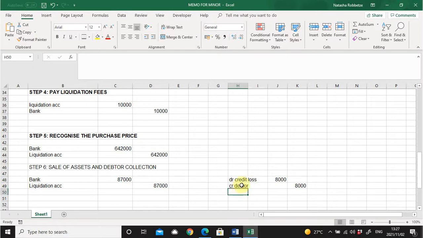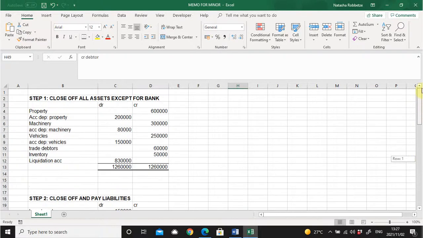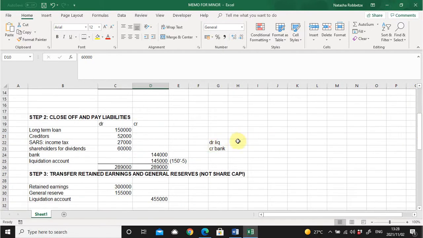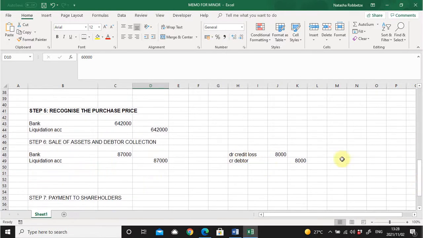What also happened is that the debtor was put against the liquidation account already. So any changes to the debtor also need to be taken to the liquidation account now, because the debtor is inside the liquidation account. So in effect, if we now should account for a credit loss, we're basically going to say debit liquidation account because it's an expense, and then credit liquidation account because the debtor is inside the liquidation account and it's the same amount.